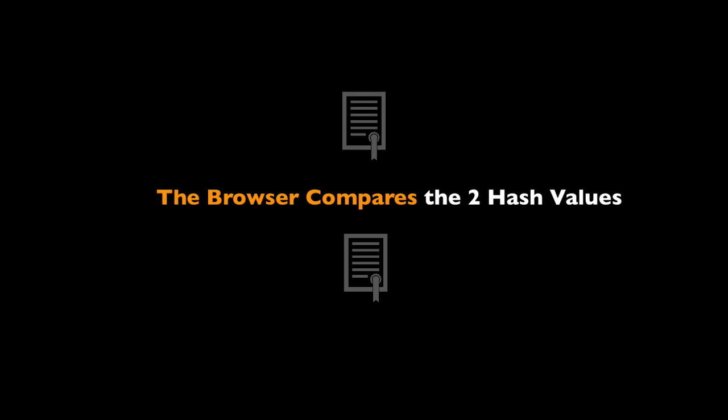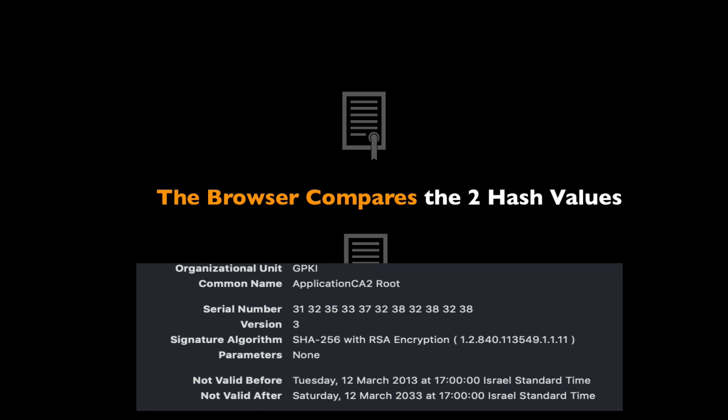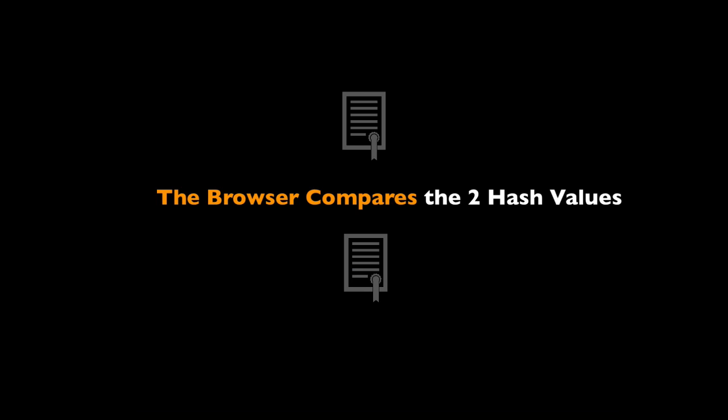It then takes the digital certificate, the original one, and hashes it using the same hash algorithm that was used by the CA. The type of the algorithm is also present on the certificate itself. We can see it right here. If both hash values are the same, then we have proof that the entity who sent the certificate is the one it claims to be.